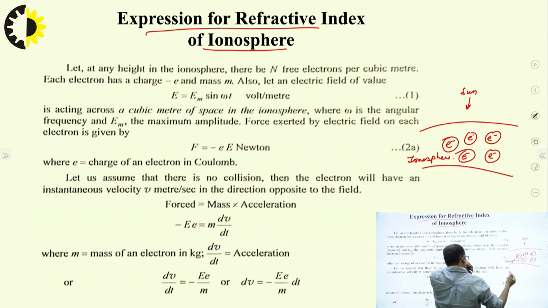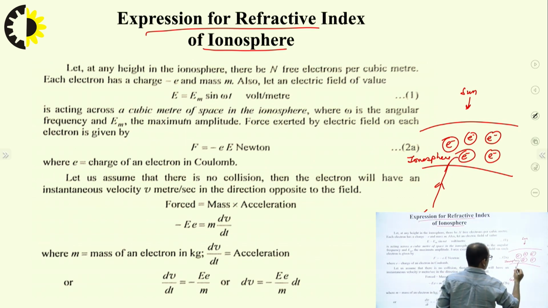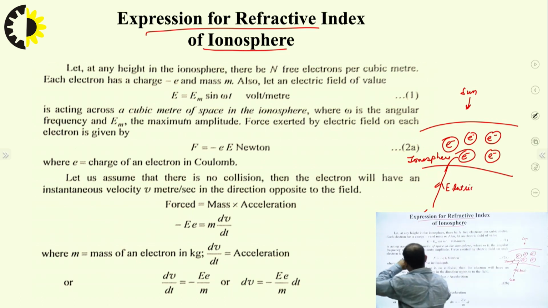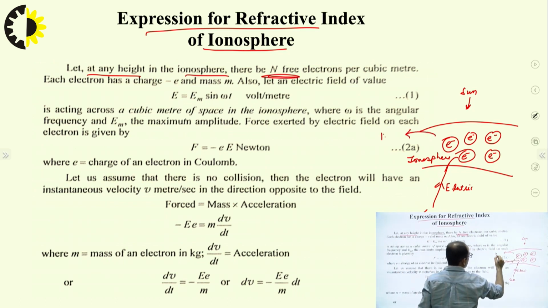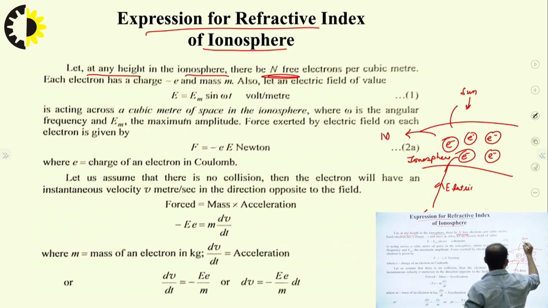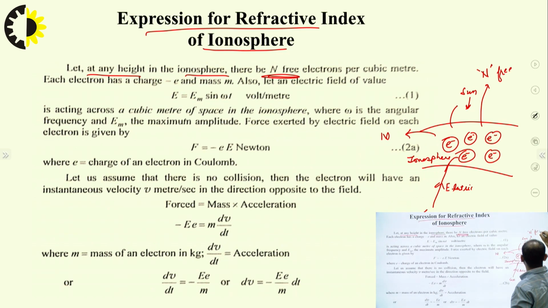Now see, when a signal is transmitted from the earth station to the ionosphere layer, this signal has some electric field. Let's say at any height in the ionosphere there will be n free electrons per meter cube.